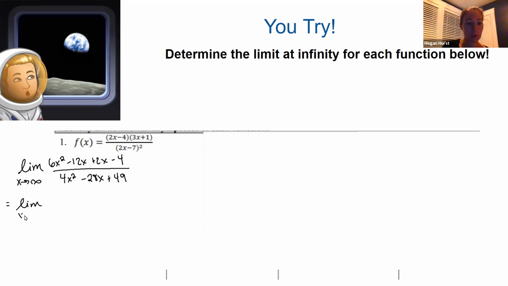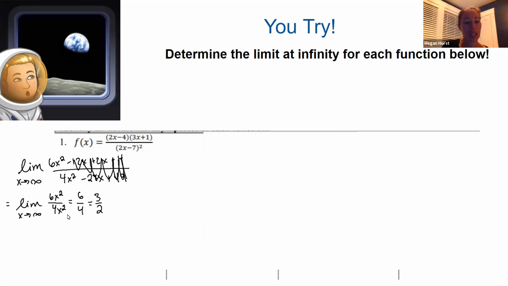So remember, I only care about my leading coefficients, so all of this doesn't even matter. So I'm just looking at 6x squared to 4x squared. And because I have these two x squared terms, since they're matching, this is just going to equal 6 over 4 or 3 halves.